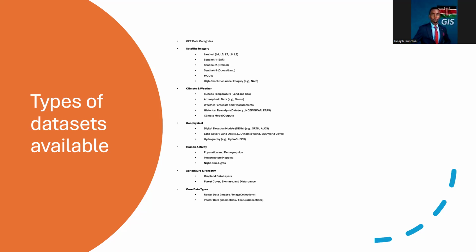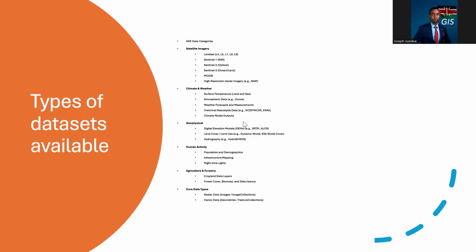Also, there is MODIS and other high resolution imagery, which means resolution up to maybe 2 meters. Apart from satellite imageries, we can work with climate and weather information. This can be land surface temperature, atmospheric data, weather forecast measurements, and other data sets that are available. We will look at them.